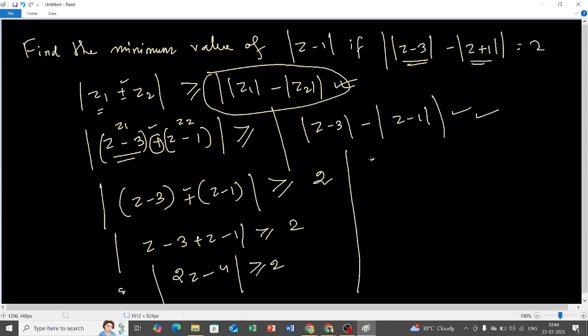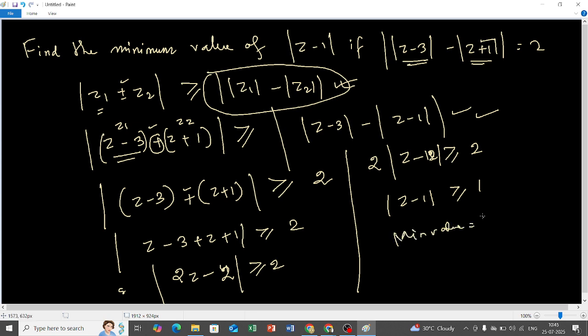Now I am taking 2 common. Again I have plus over here, so that is z minus 2. If I take 2 common over here, I will get z minus 1. So mod of z minus 1 is greater than equals to 1. So that means the minimum value is 1.